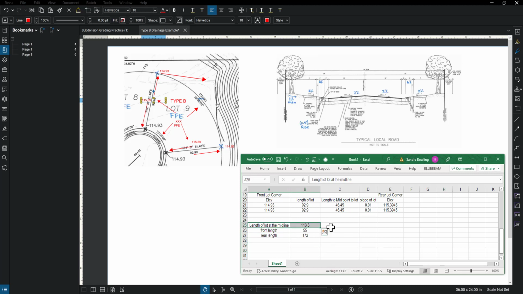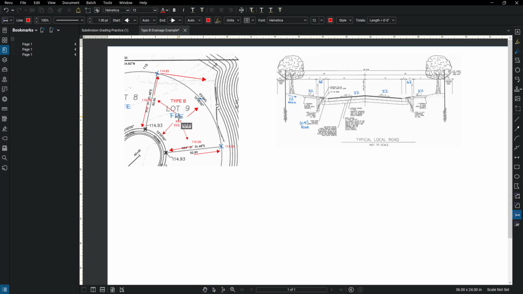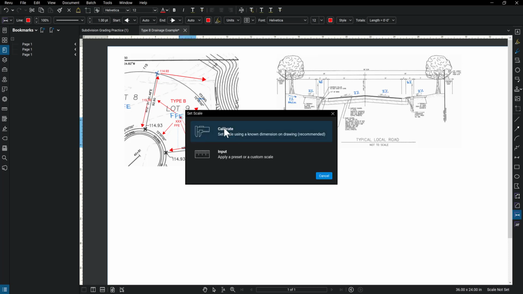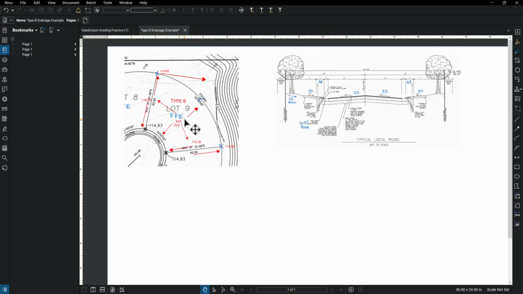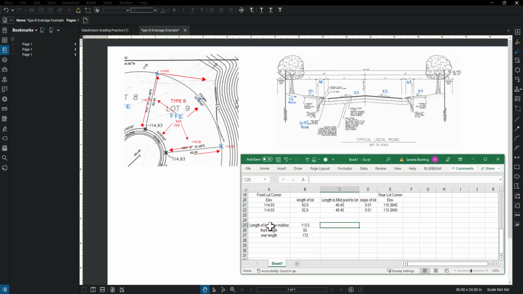All right? Now, I want to know what basically this length here is, from here to here. That's what I want to know. The length from there to there. And if the total length from midpoint to midpoint, granted it's on an arc, I'm just doing straight lines, this will get me close, is 113.5 feet.